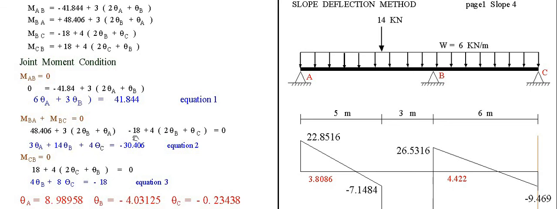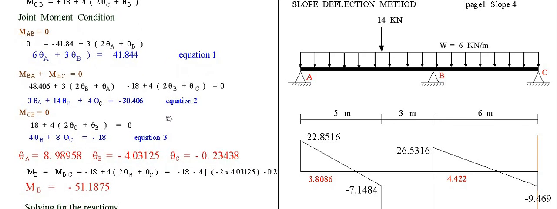One is 48 and the other is minus 18. If we add this, it is positive 30, but positive here on the left, transfer on the right, it becomes negative, minus 30, and this is equation 2.